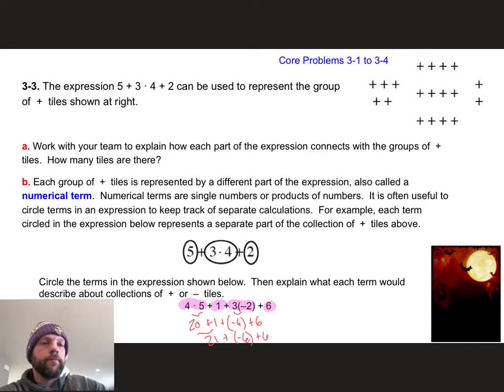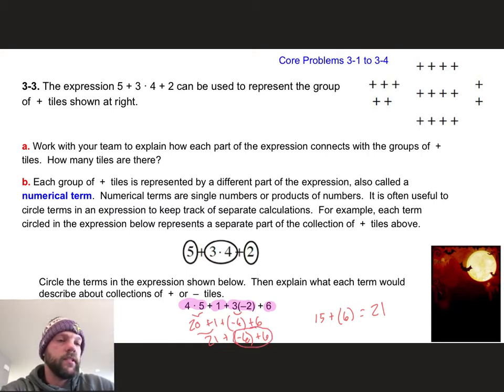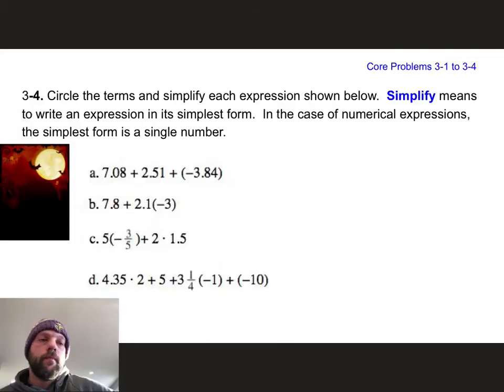I'm going to work from left to right. 21 plus a negative 6 is going to give me 15, plus 6 is going to give me 21. So actually what I wanted to show you was this negative 6 and this positive 6 actually make a 0 pair. So my 21 is what my answer is going to be.